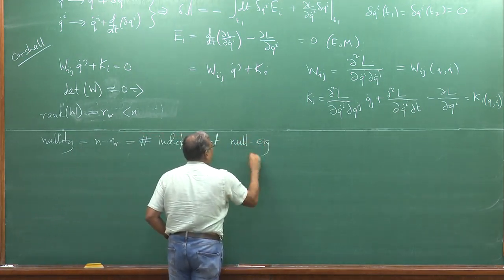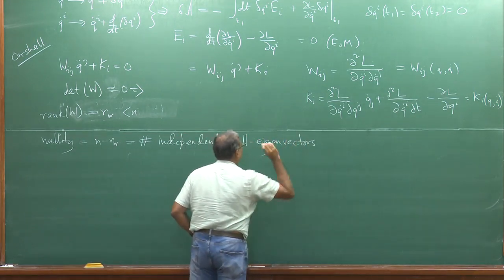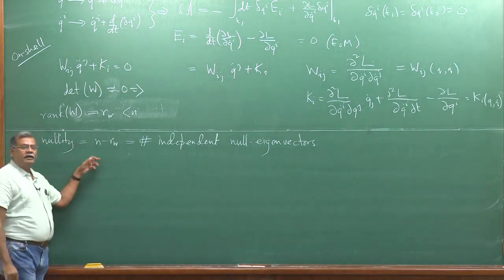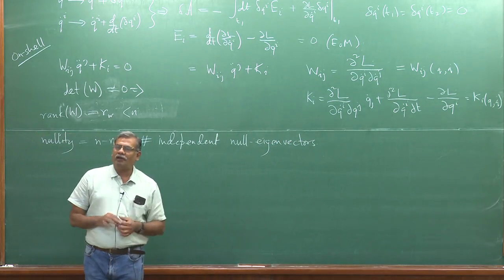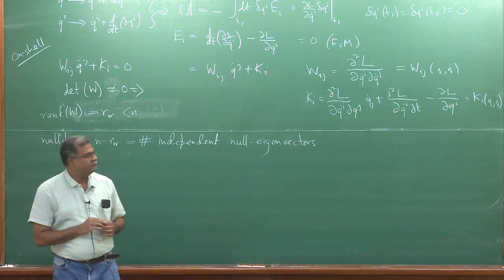I'm not going to call them 0 eigenvectors simply because I will need 0 for other purposes later. So W has a finite number, n minus RW number of independent eigenvectors corresponding to eigenvalue 0.